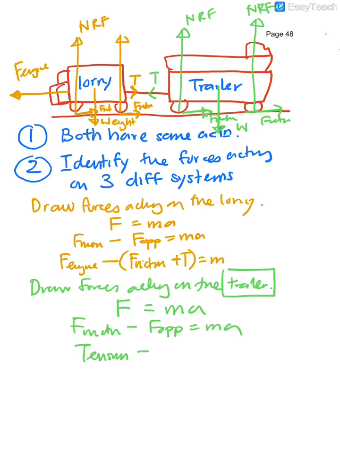Minus the opposing friction, only friction, right? Yes. So this one is easier, MA, and this M is obviously the mass of the trailer. Don't confuse. You must be able to see: draw forces on the lorry, draw forces on the trailer. Which is which?